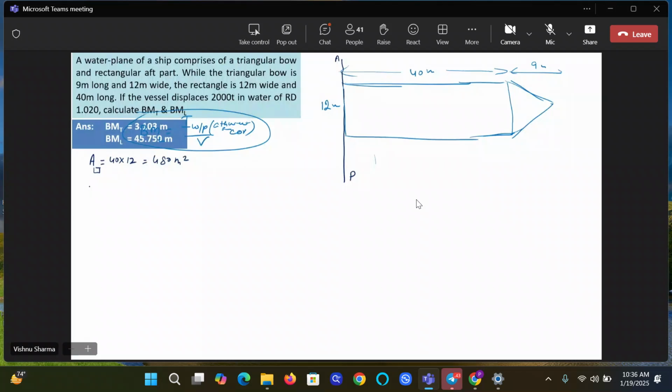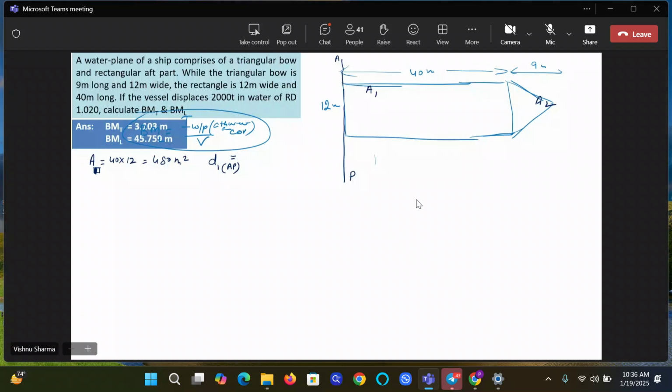Let me call it A1, A2. A1 is 480. Guys, can you tell me what will be D1 AP, the distance of the geometric center of area 1 from the after perpendicular? How much would it be? 20.